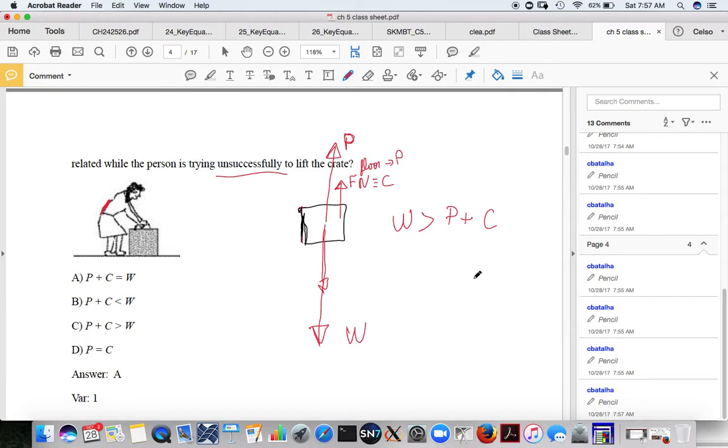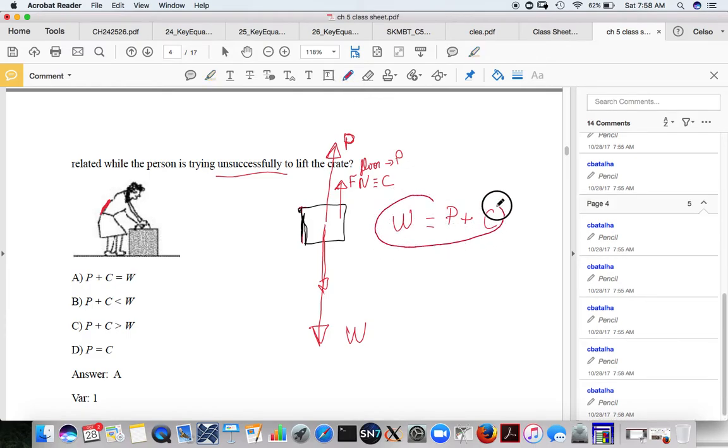I kind of did it wrong. The crate's not being lifted. The crate's not breaking through the floor, which means these two values here are the same. Wait a second, let me erase this. There you go. These two quantities must be the same.